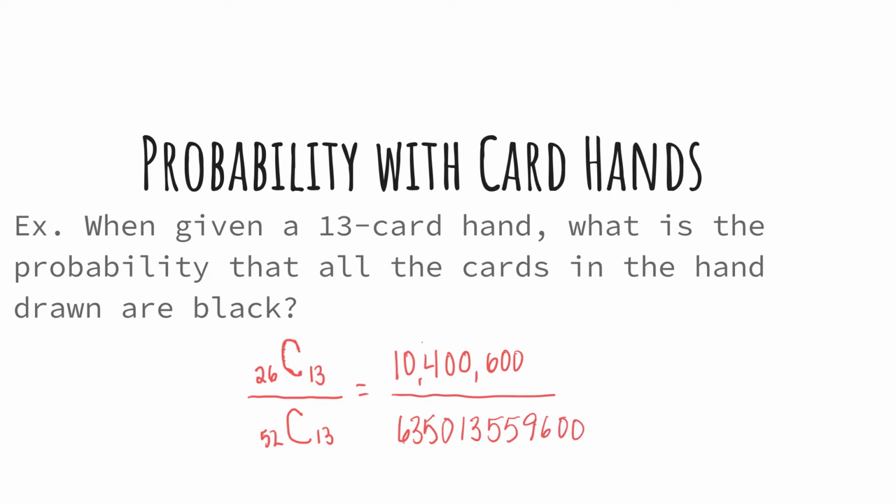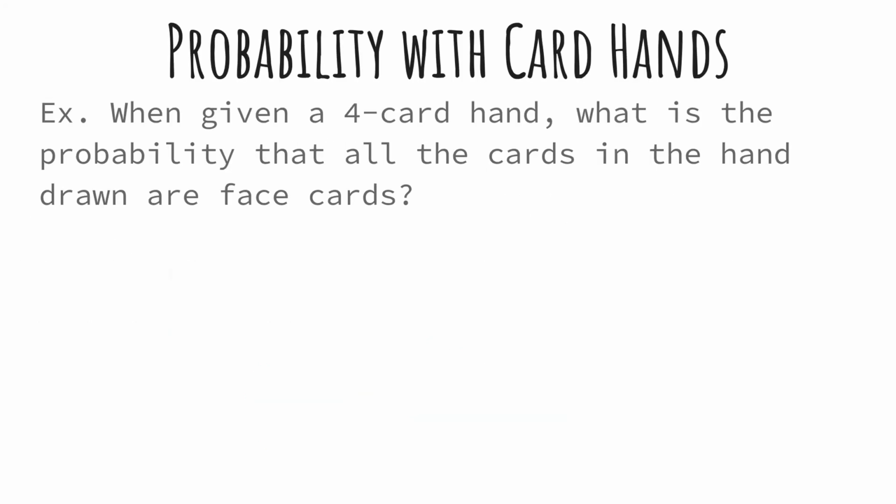So when you do that on the calculator, you are going to get scientific notation. And it was 6.35, etc., times 10 to the 11th. You just want to make sure you bring over your decimal 11 times. And so this would be the answer.